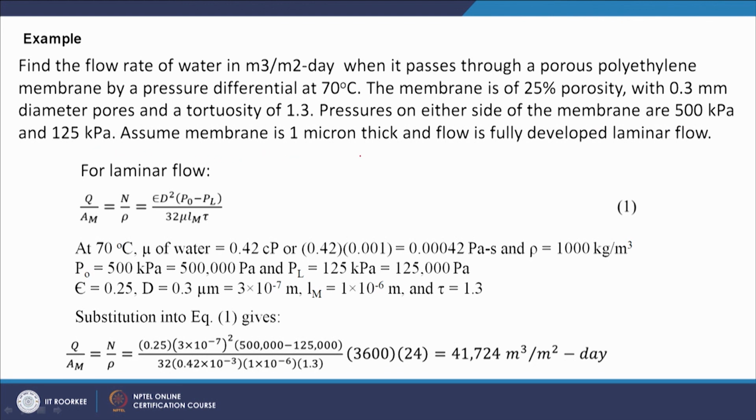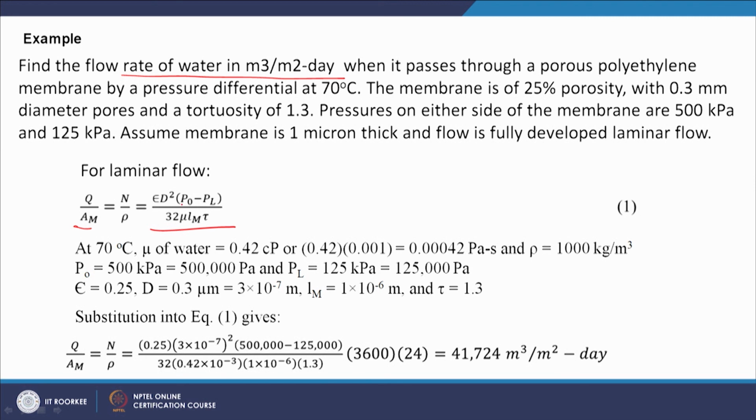Assume the membrane is 1 micron thick and the flow is fully developed laminar flow. So, we have the formula for laminar flow, Q by AM, and we have to calculate that flow rate in meter cube per meter square per day. That is Q by AM equal to N by rho, and this formula we have used in our previous discussion.